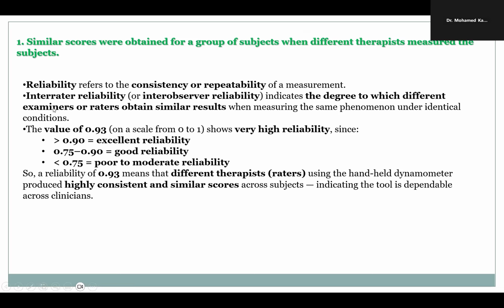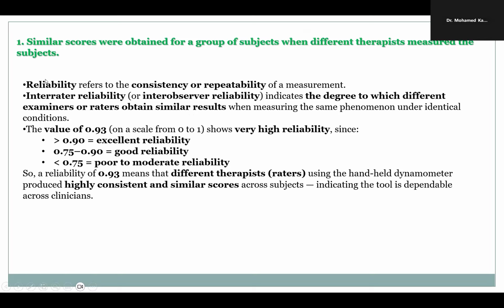So reliability refers to the consistency or repeatability of a measurement. If I give this handheld dynamometer to physical therapists and we obtain 0.5, another one 0.7, another one 0.9, another one 0.1, this is not reliable.